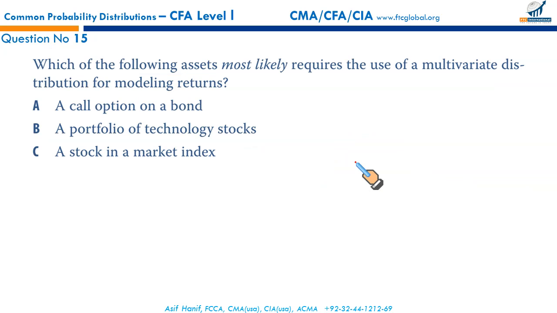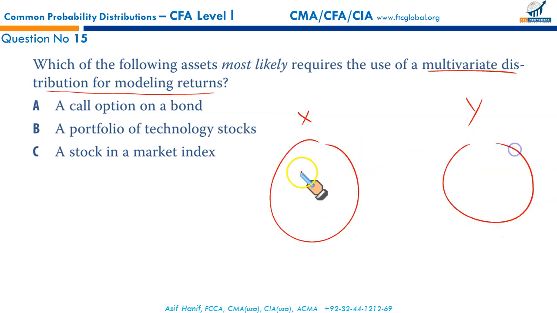That's from our prior learning, so that makes B our correct option. Next. Which of the following assets most likely require the use of multivariate distribution for modeling returns? Multivariate distributions normally are used for a group of related random variables. Let's say I have two stocks, stock X and stock Y, and these are the returns of stock X and returns of stock Y, and they are correlated with the coefficient of correlation R, right?